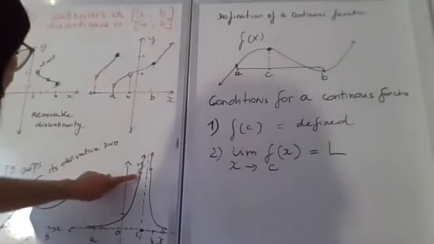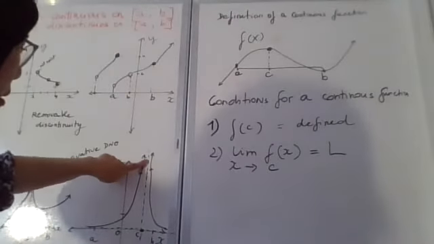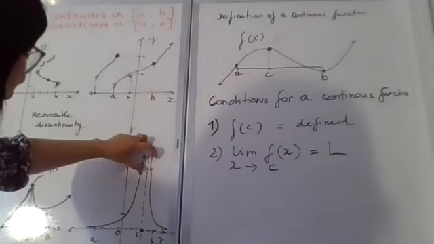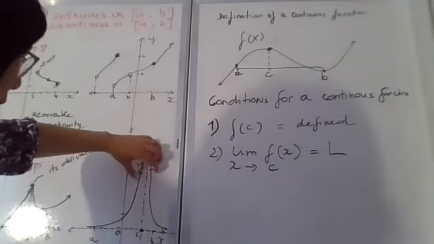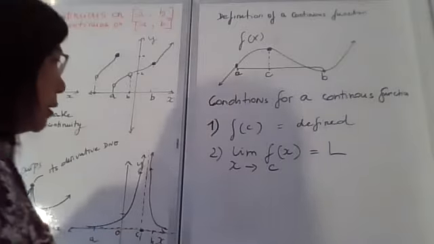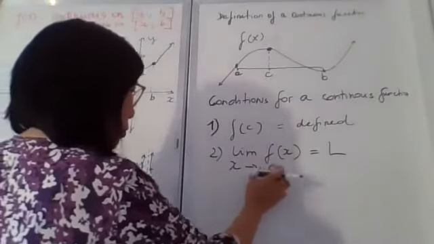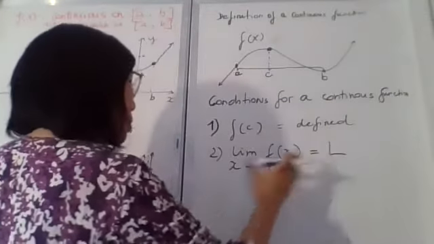Now remember, at this function, if it's broken like that, the limit does not exist. At this point C here, the limit does not exist, and the derivative does not exist, right? So the limit of f of x when x approaches c equals some value.